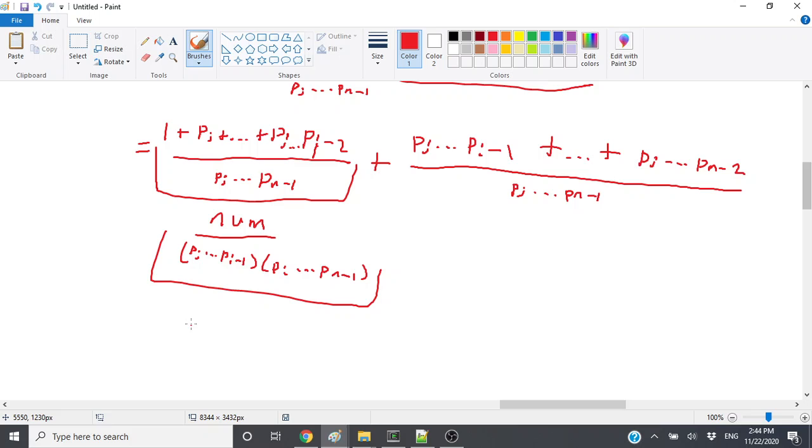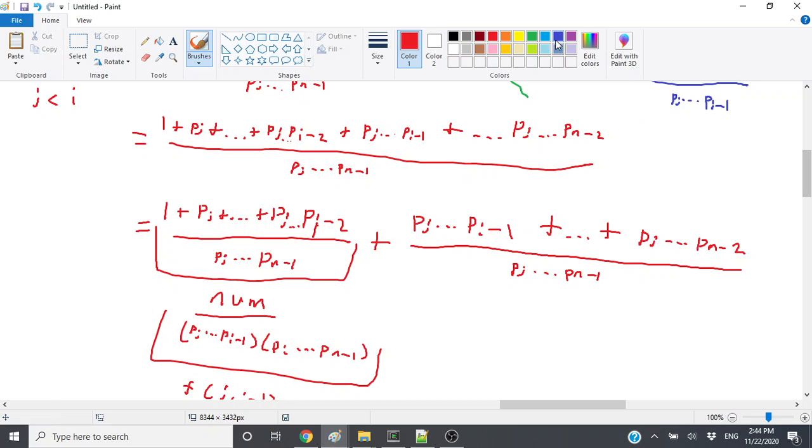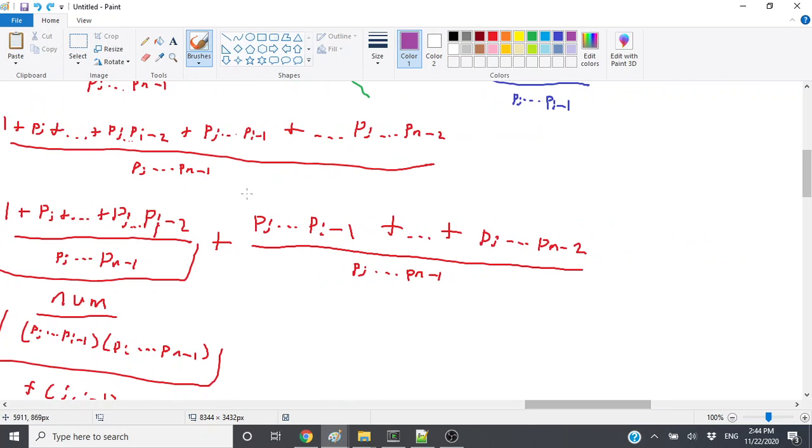So this becomes f of j, i minus 1 over whatever we have left in the denominator, pi ... pm minus 1. Now also notice that if we didn't have a j here, then we would have some suffix like f of i something to the m minus 1. It's a different suffix. And in fact, we can have some things cancel out because everything here contains this pj to pi minus 1, and so does this denominator. So let's divide everything by this value.